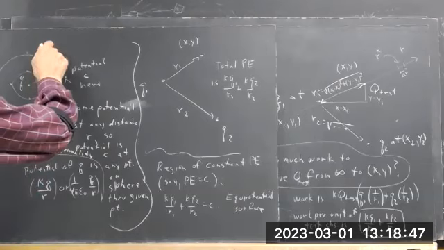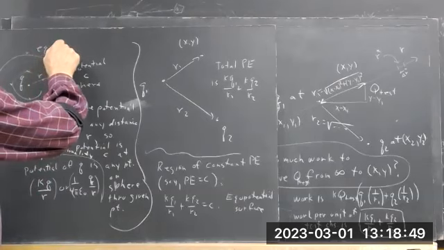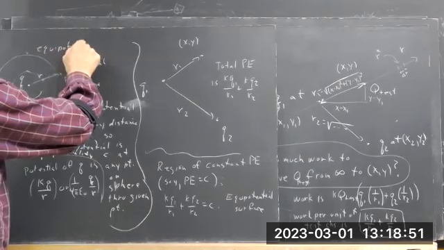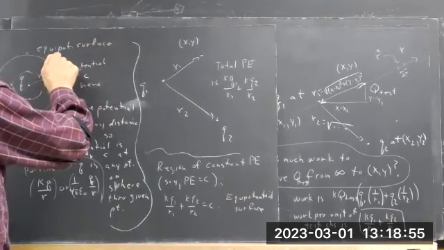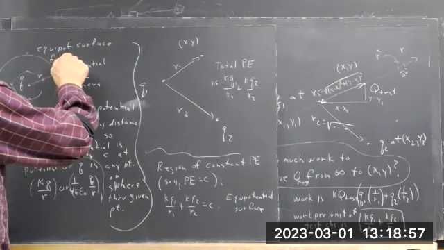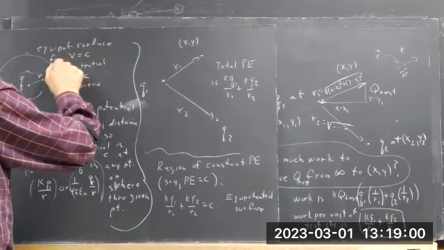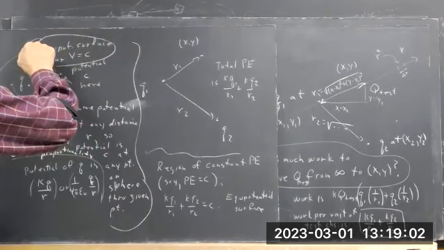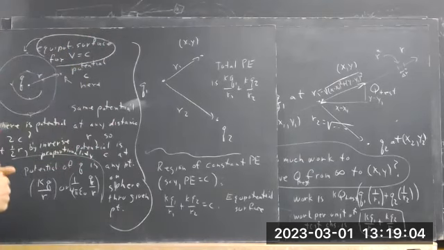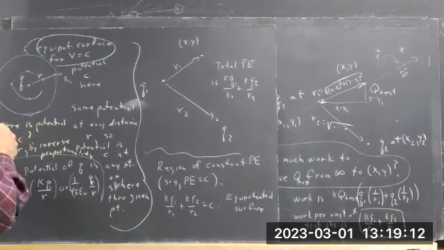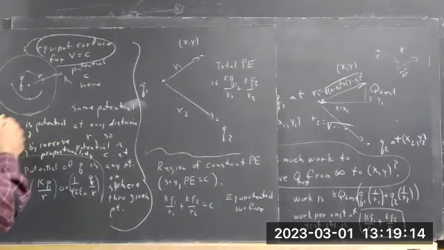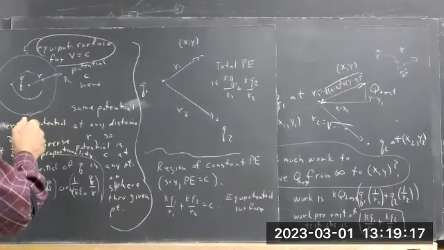So here's the equipotential surface. V equals C. V is our symbol for potential, and it's voltage, measured in volts. And here's the surface where V equals 2C.